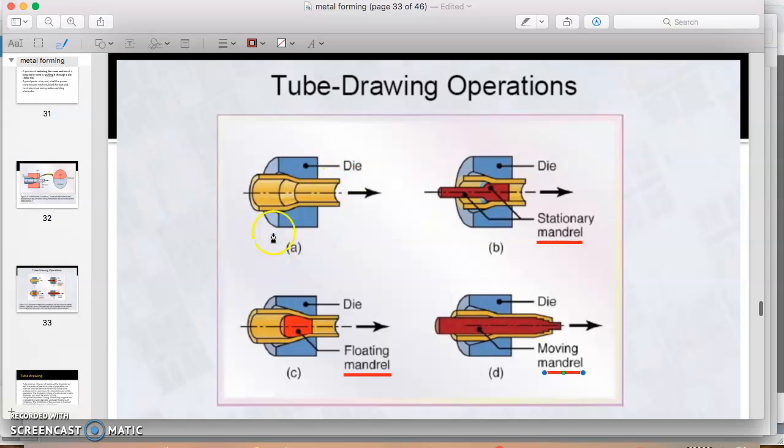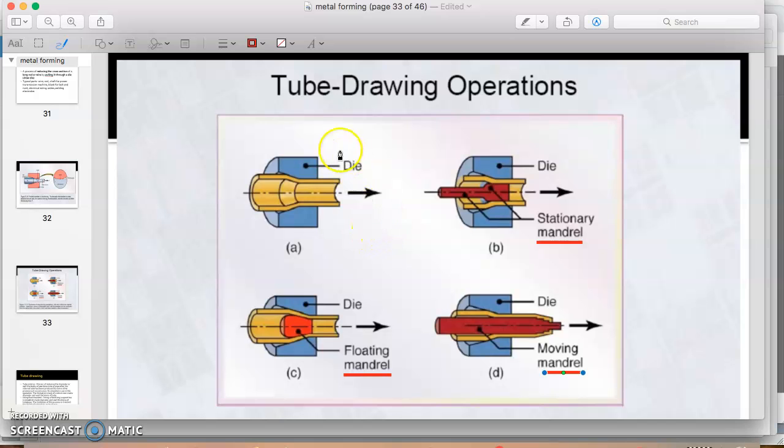You can choose the suitable process of tube drawing depending on the output of your product. For the without-mandrel process, we cannot control the inner surface.